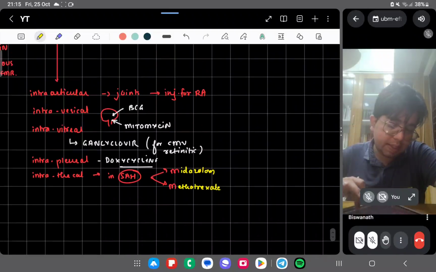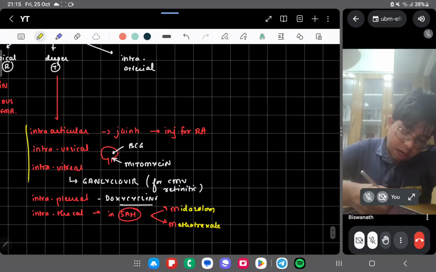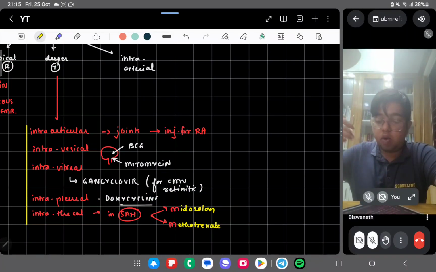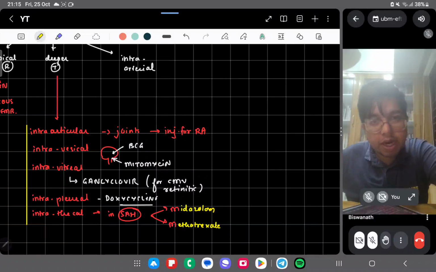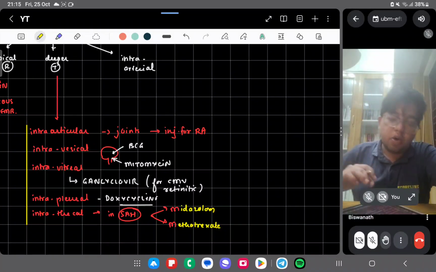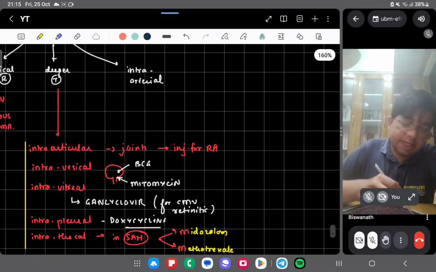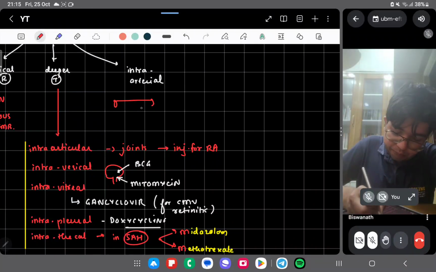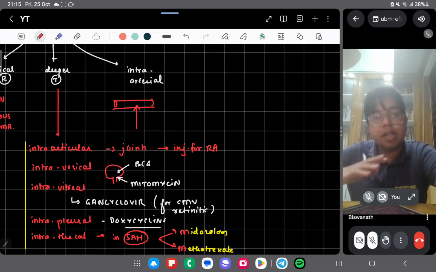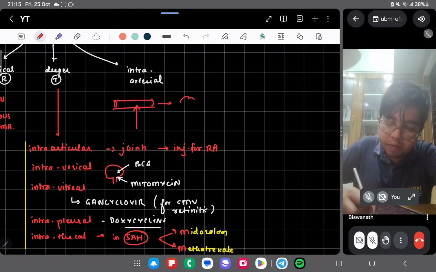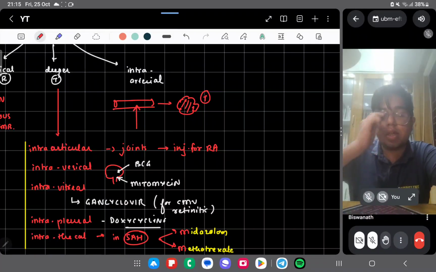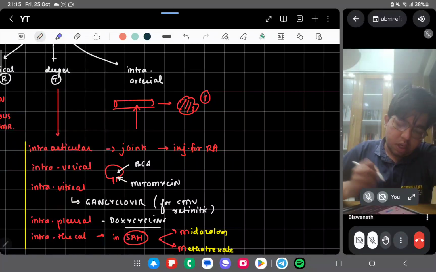So these are the examples where drugs are injected locally into the deeper tissues. Right? Done. Okay. Intra-arterial means the drug is injected into an artery. This goes to the tissue. Local action. Nowadays, not much used.